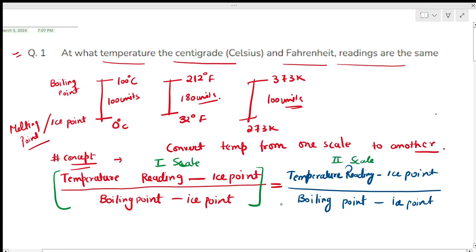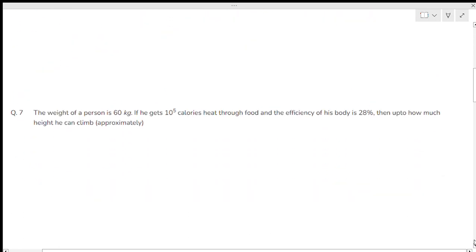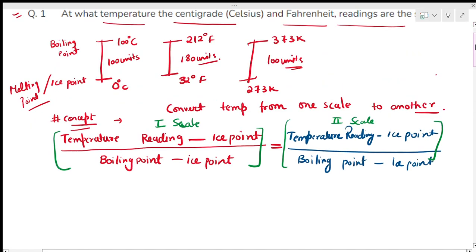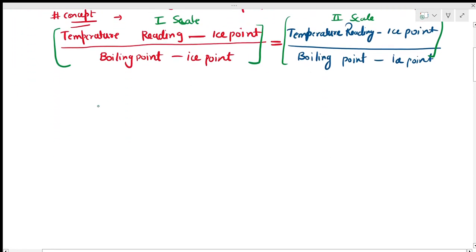I will show you with this question how we must proceed. Suppose I will tell you one question. Suppose you have to convert 40 degree Celsius into how many Fahrenheit? Correct? How many Fahrenheit will it become?